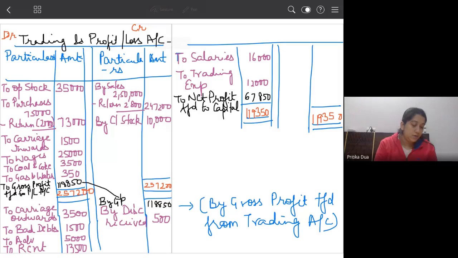Class, any doubt, any question in this? Just complete it. This is a simple question on final accounts. There are no adjustments. You just need to memorize the format and put in the entries. Complete the question fast.